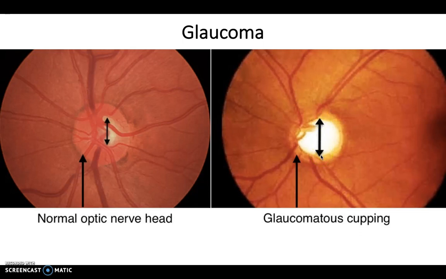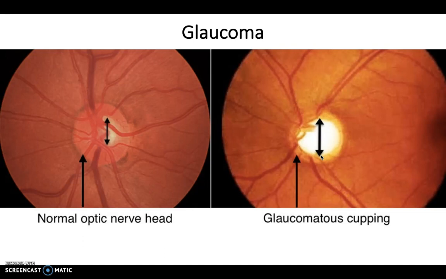This suggests that this patient could have glaucoma, and you need to do additional investigations in the form of intraocular pressure measurement. You need to do visual field analysis, in which you want to look for typical visual field defects in the form of arcuate scotomas, and in the advanced stages tunnel vision. You may also need to do an investigation like gonioscopy to find out if the anterior chamber angle is open or closed.